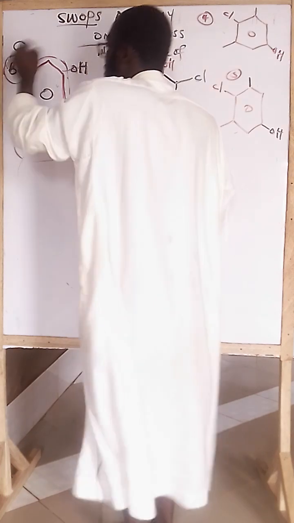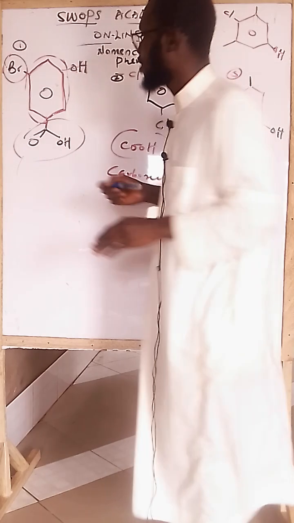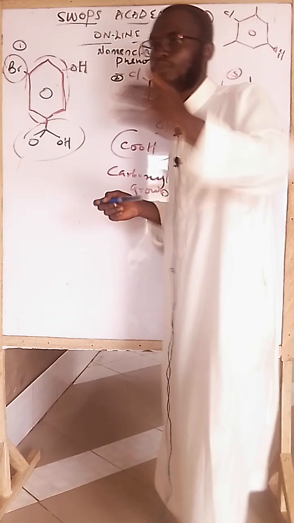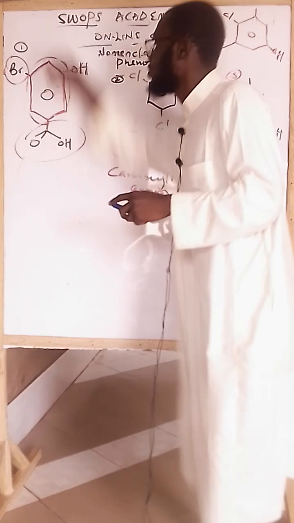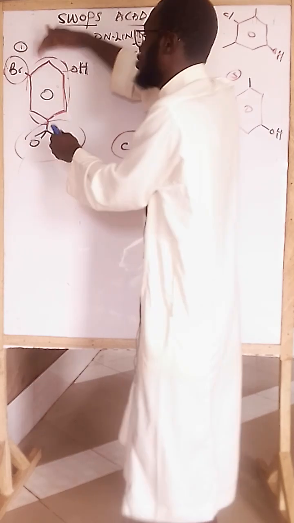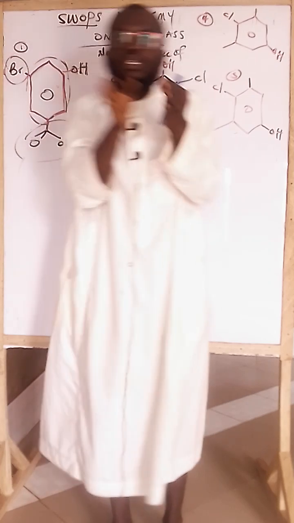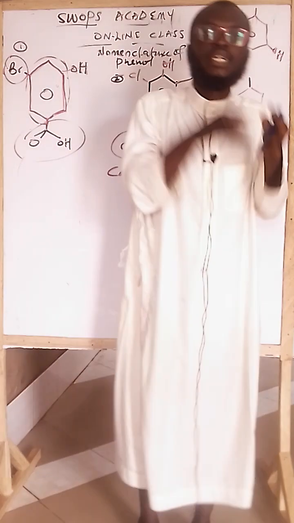We classify it as the father's name. That means that is what is going to end it. Benzene attaching to COOH, and I told you that the addition of benzene to COOH means the reaction between benzene and the carboxylic group.